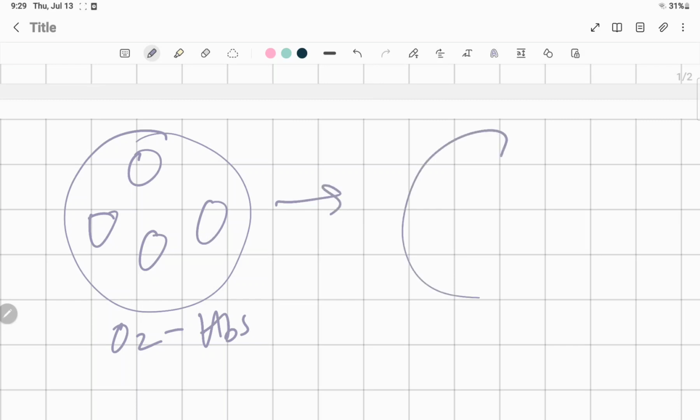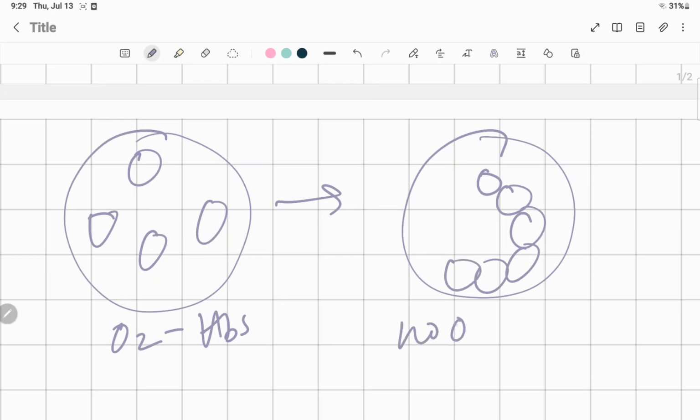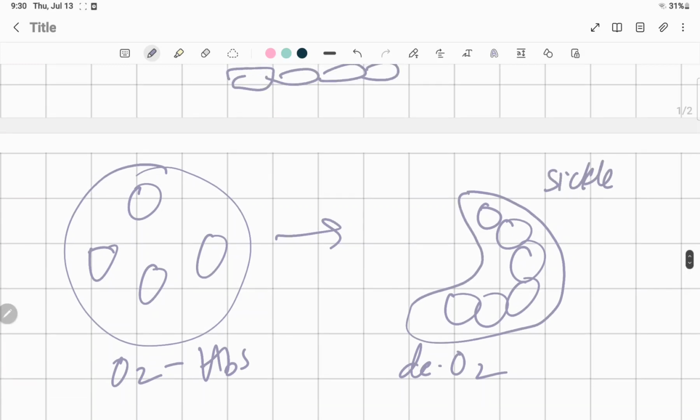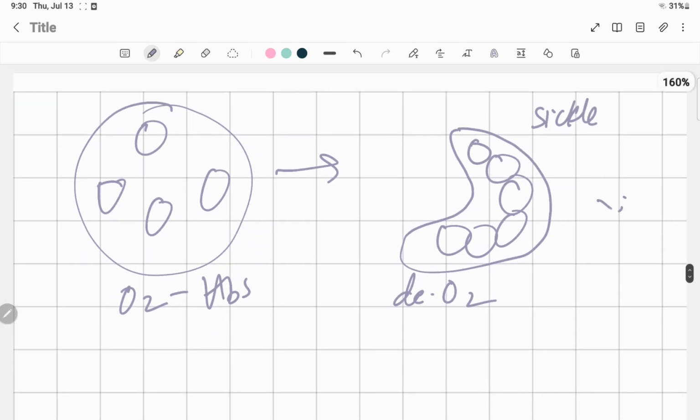But when oxygen leaves, they get stuck together, and when deoxygenated they stick together and form a crescent shape. This is called a sickle shape, like a sickle that you use for gardening, or a half crescent shape. That is the problem, guys.